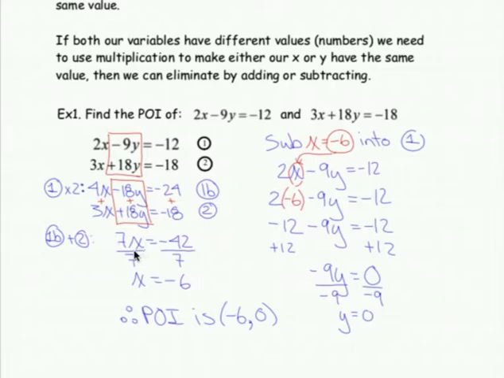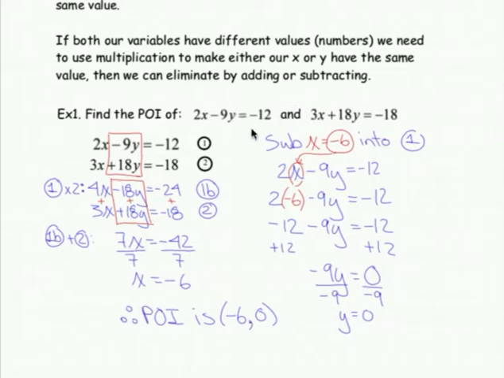So we have to divide both sides by 7. So 7x divided by 7 gives us x. Negative 42 divided by 7 gives us negative 6. So from here, we're going to go back and substitute our negative 6 into either of our equations.